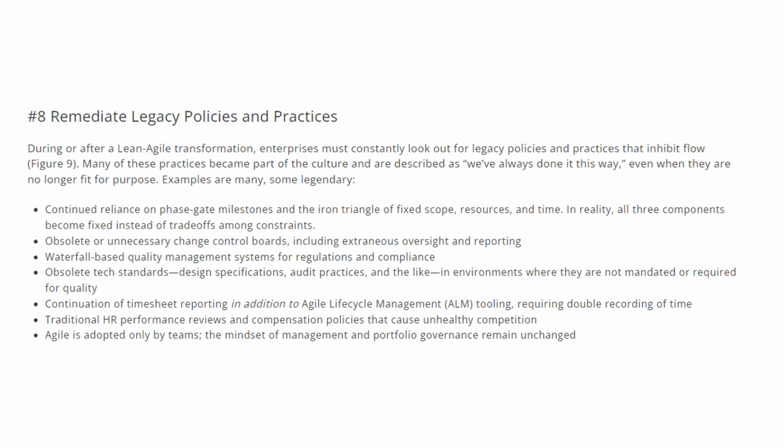Examples are many, like continued reliance on phase gate milestones and the iron triangle of fixed scope, resources and time. In reality, all three components become fixed instead of trade-offs among constraints.